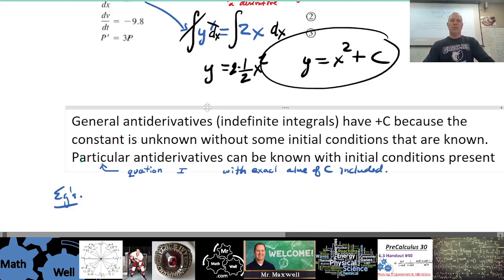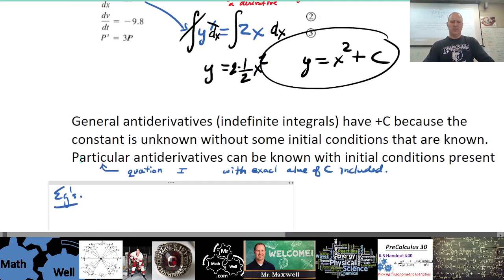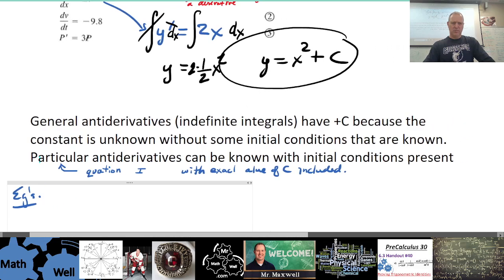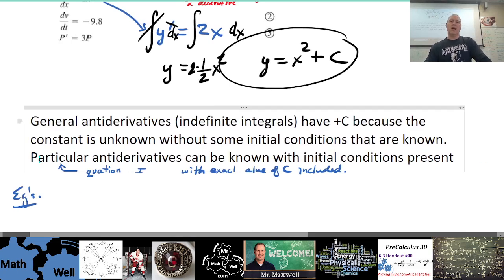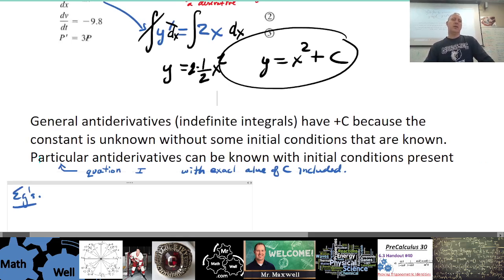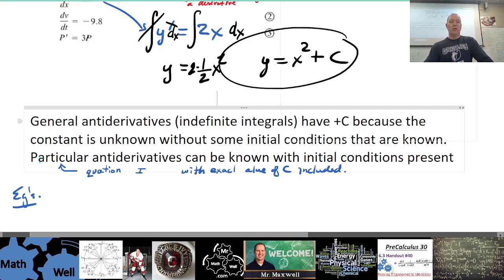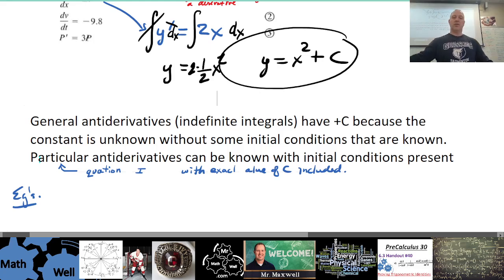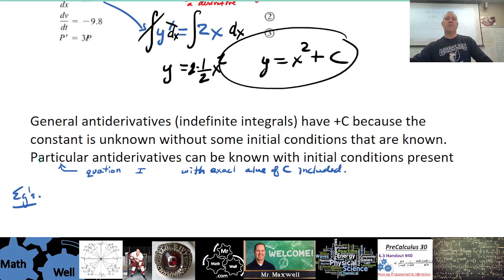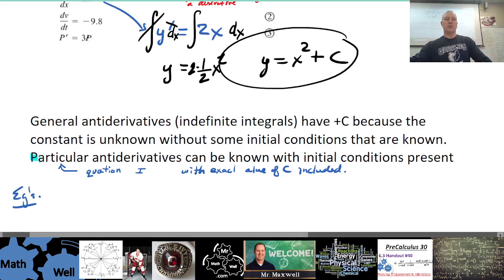Okay, so let's just talk a little bit about this. For some reason, I have to move my notes over. General antiderivatives, that is indefinite integrals that we've studied before, have a plus c because the constant is unknown, without some initial conditions that are known. Particular antiderivatives can be known if there are some initial conditions presented. So particular antiderivatives can be known with initial conditions that are present.